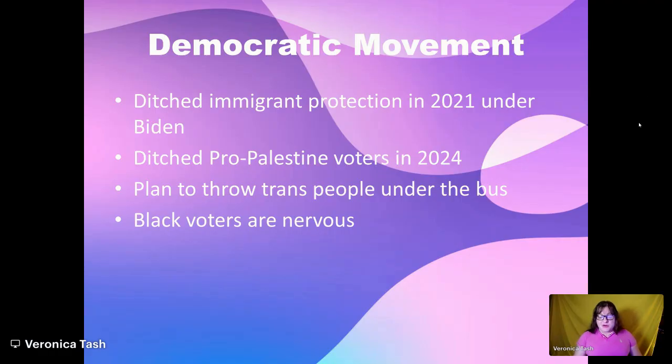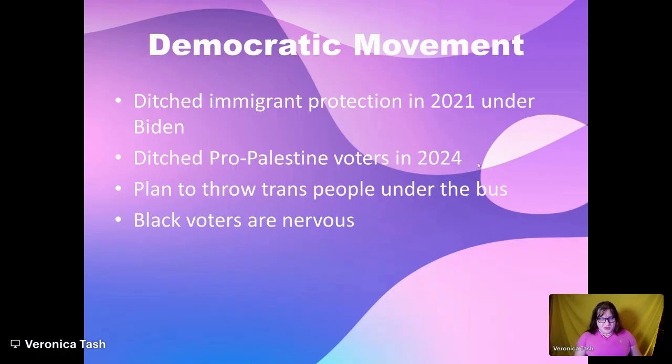They threw immigrants under the bus as soon as they won. They decided they were going to follow the MAGA 2016 immigration policy. In 2024, I think it was 24, maybe it was 23, it lasted so long.